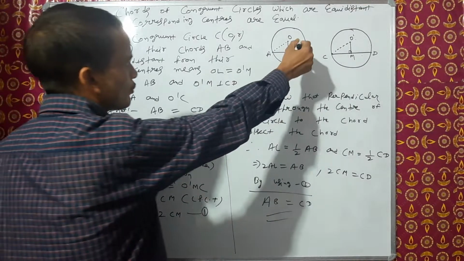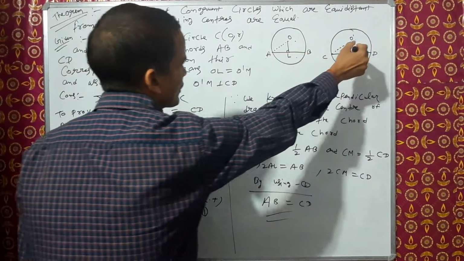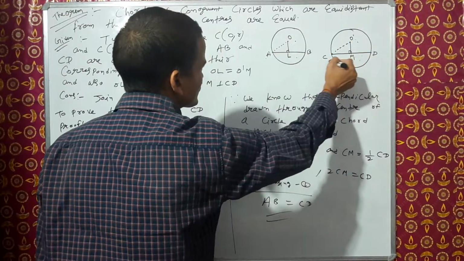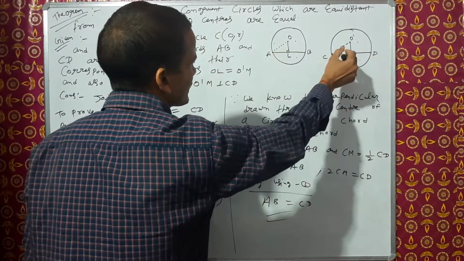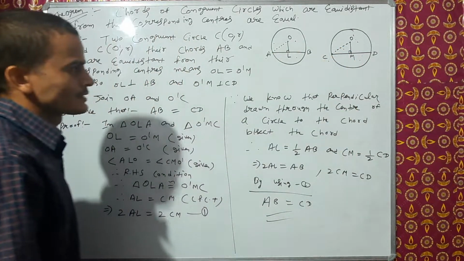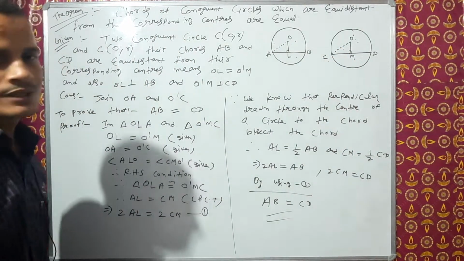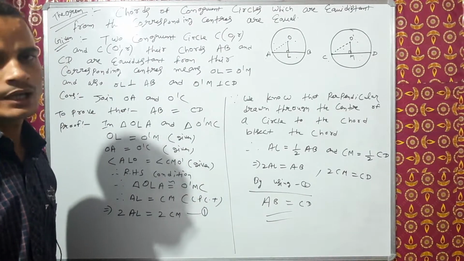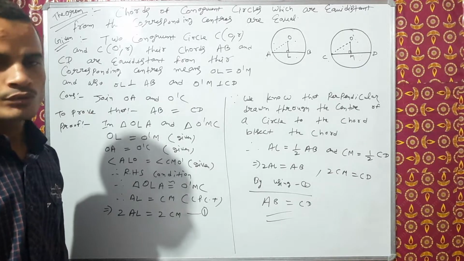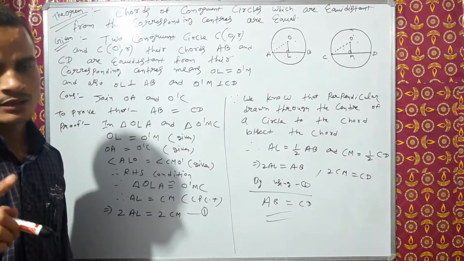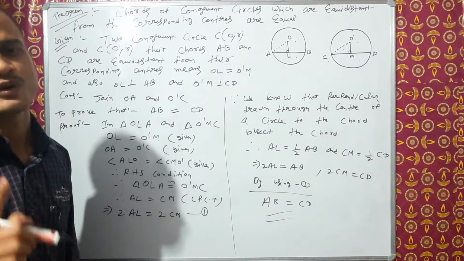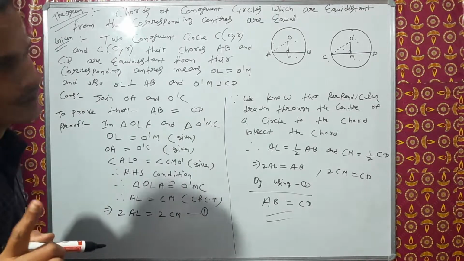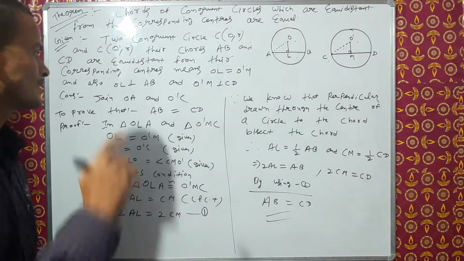In triangle OLA and triangle O dash MC, OA is equal to O dash C because these are the radii of two congruent circles, and when two circles are congruent, their radii are equal.